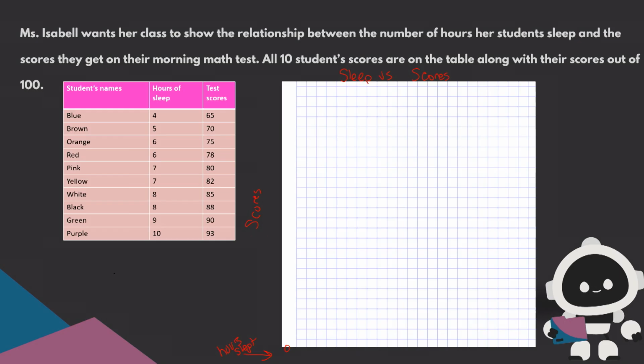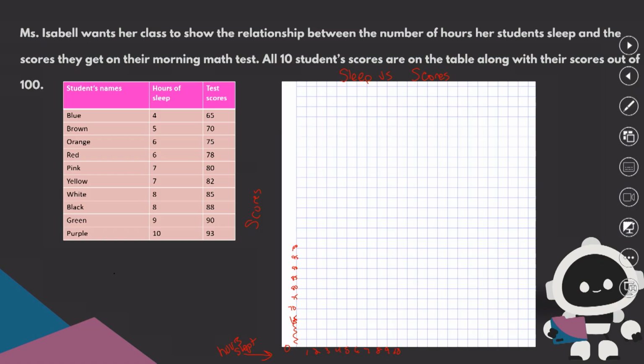Then I'm going to put 1, 2, 3, 4, 5, 6, 7, 8, 9, 10. The scores start at 65, so I'm going to put a little line here showing that I am missing some numbers, and I'm going to start with 65, 70, 75, 80, 85, 90, 95, 100.